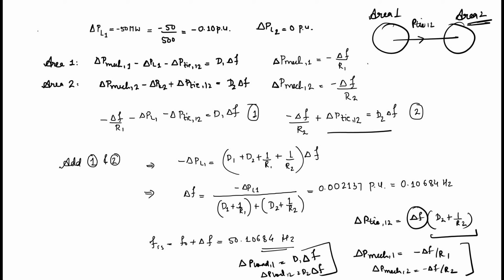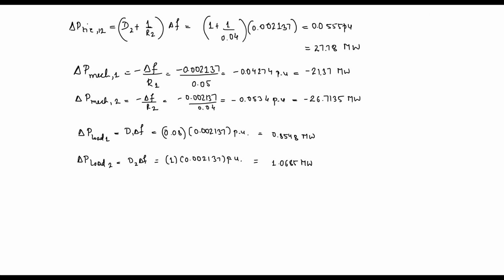Similarly, P load 1 is equal to D1 delta F, and P load 2, considering frequency sensitivity, is D2 into delta F. So all these parts are solved.